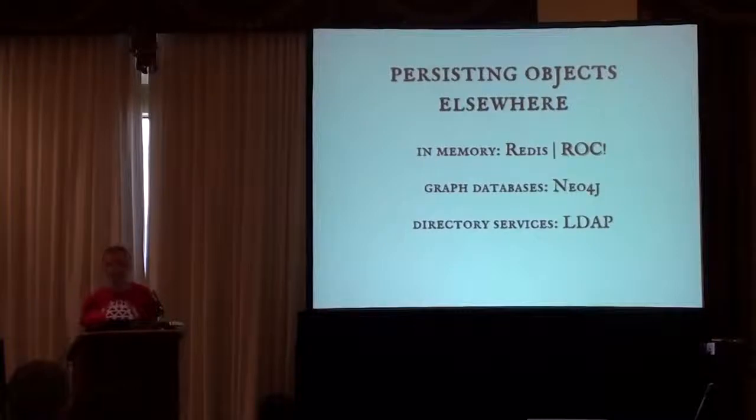There are directory services. For example, imagine you have a university department that has all the students and staff in LDAP already for authorization and authentication purposes. Then you can use that as your persistence backend, and you can model the rest of your system in LDAP as well.